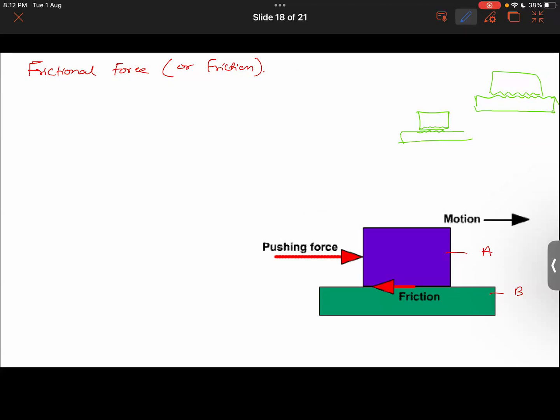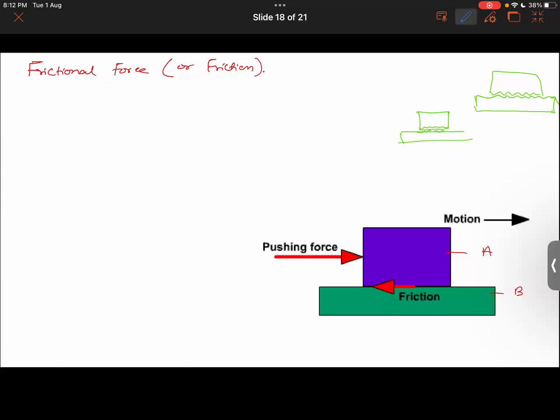Now take some examples from daily life. If you were to stop pedaling a running bicycle, slowly and gradually it stops after covering some distance due to the friction between the wheels of the bicycle and the road.